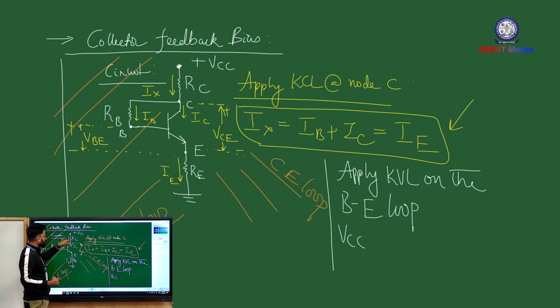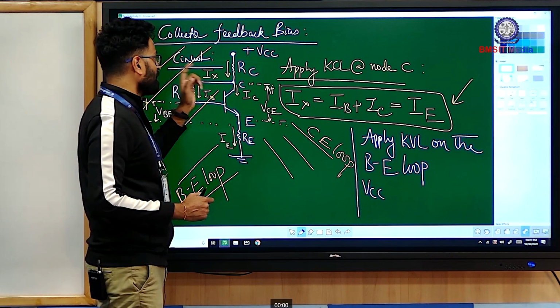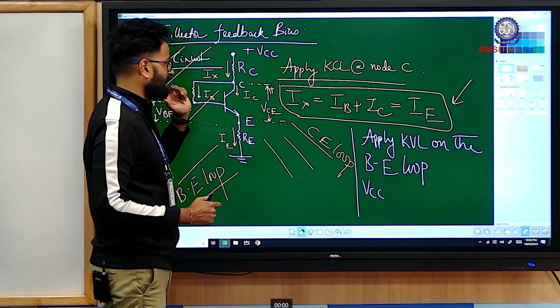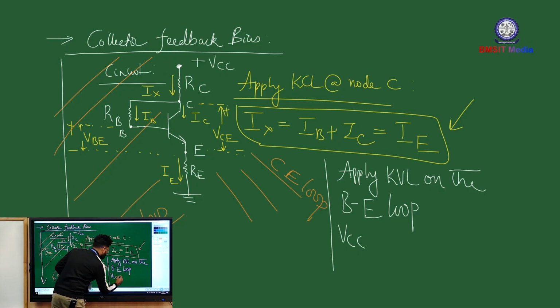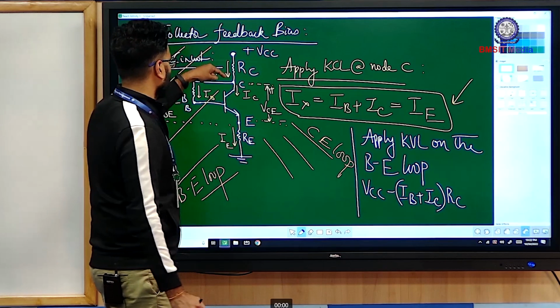And then you come across resistor RC. So across resistor RC there will be a potential drop, right? So current into resistance will be the potential drop. So current through RC is IX and IX is nothing but IE. So you can write, sorry, it's a drop, so it is minus, you can write IB plus IC into RC, right?